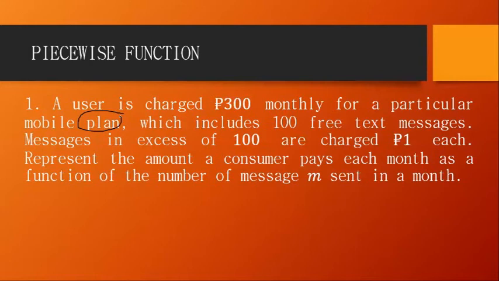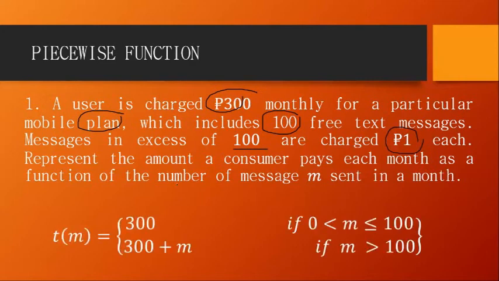Okay? So, ganun din dito sa example natin. We are about to pay 300 pesos for every 100 text messages. And once na nag-exceed tayo ng 100, bawat message na mag-exceed sa atin ay charge ng 1 peso each. So, ito yung magiging piecewise function natin.